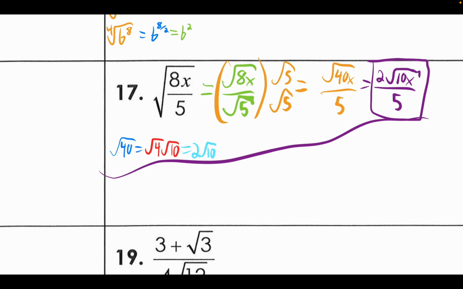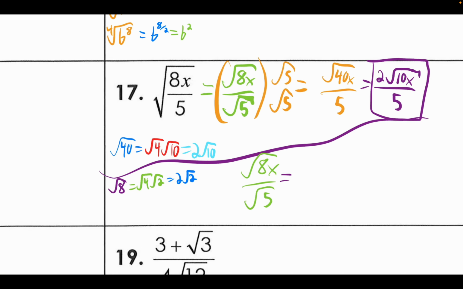What if we reduced early? Well, if you reduced early, let's say you're at the green step again, so square root of 8x over square root of 5. You reduce the square root of 8x, so that still reduces the square root of 8. That becomes square root of 4, square root of 2, which becomes 2 square root of 2.